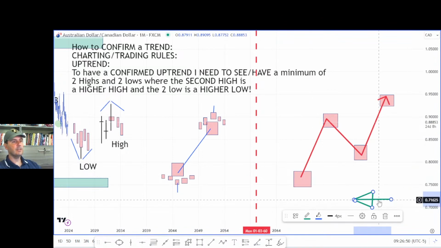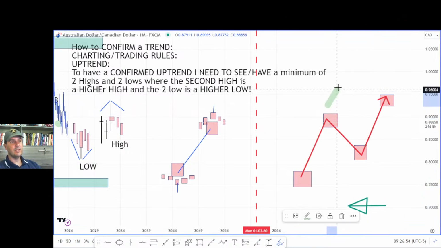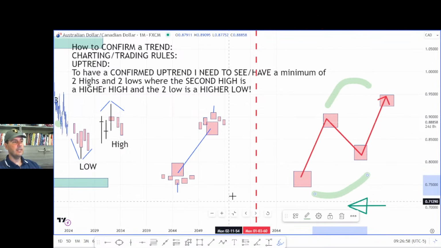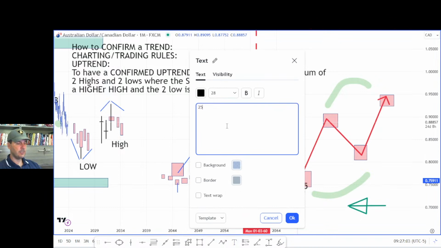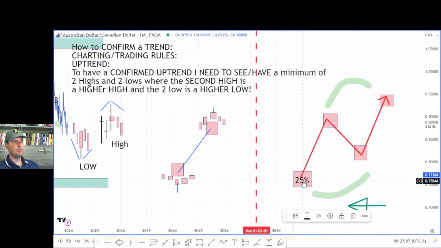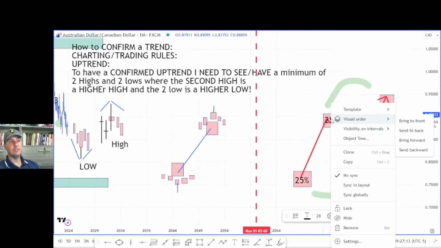Why do you need a minimum of 2 highs and 2 lows, where the second high is a higher high and the second low is a higher low? It's because this low represents 25% of a confirmed trend. This high represents another 25% of a confirmed uptrend.